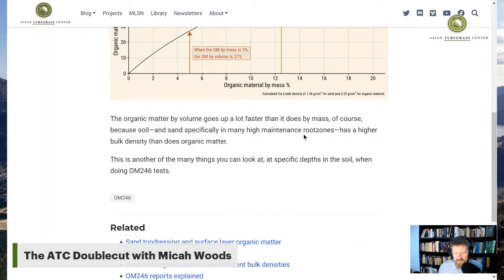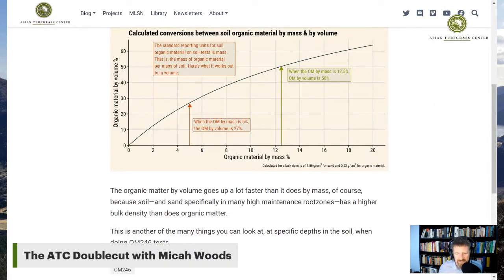That's something that I think is fascinating to consider, because especially as I've been doing this OM246 testing and looking at soil organic material in the top 2 centimeters of a root zone at 6, 7, 8, 12, 15% organic material by mass, I wondered what it was by volume. I just did an OM246 report yesterday in which the average organic material in the top 2 centimeters was about 12%.